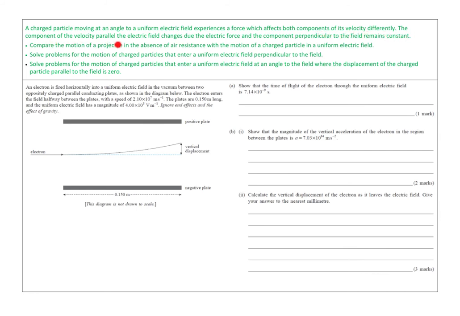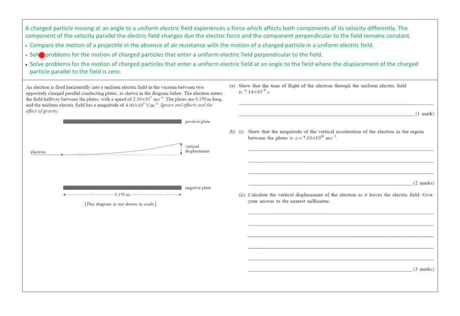The component of the velocity parallel to the electric field changes due to the electric force, and the component perpendicular to the field remains constant. So this is very much like gravity. The force only acts in one direction, the direction of the electric field. There's no force acting perpendicular to the field.